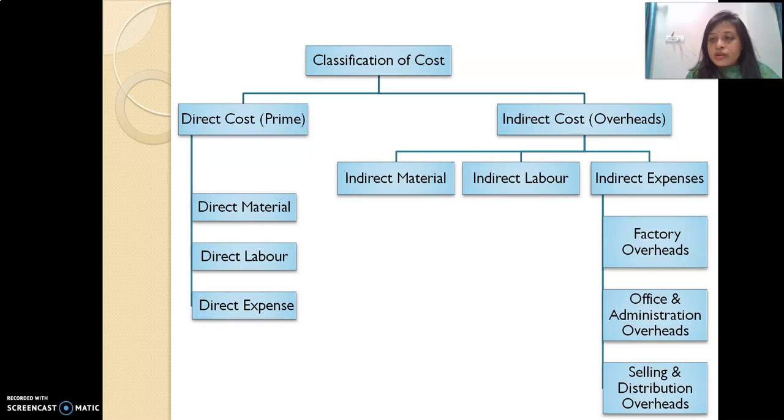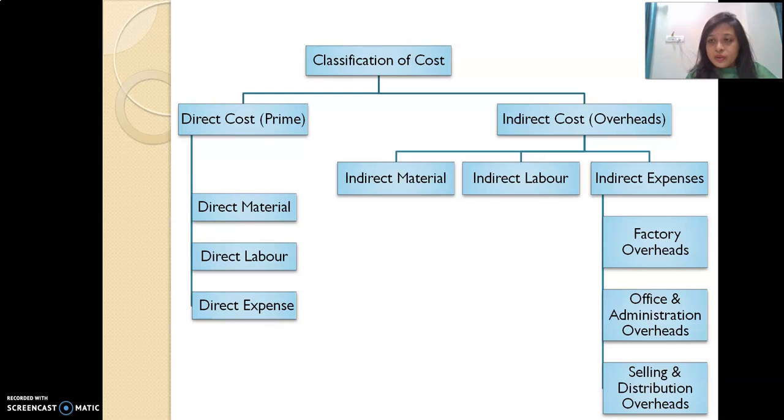So direct costs are those costs which can be easily identified from the product. By seeing the product, you can make out that these are the costs which are directly involved. So the direct costs are those costs which can be conveniently or easily identified with the product.